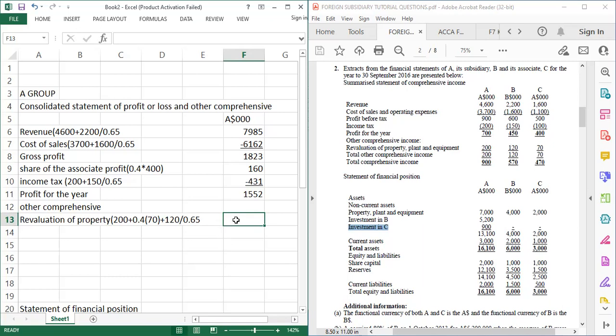So plus 200, then we find 40% on the associate revaluation surplus. What will be the total that we are getting? 413. Okay. So what will be the total comprehensive income?